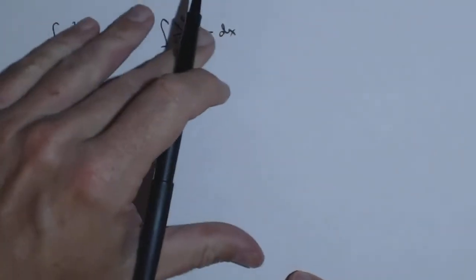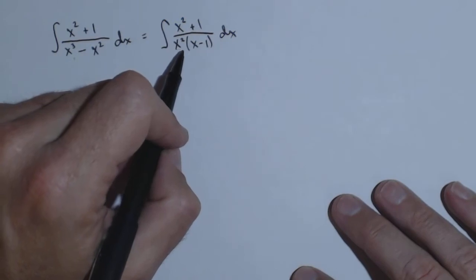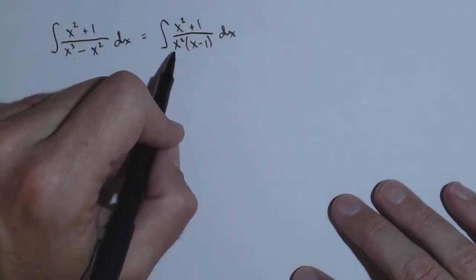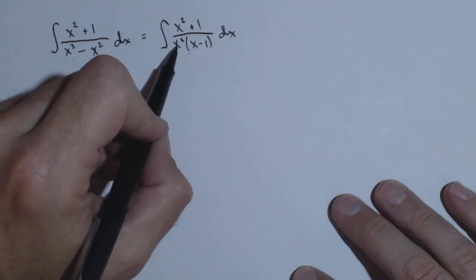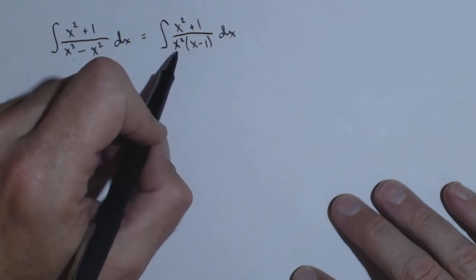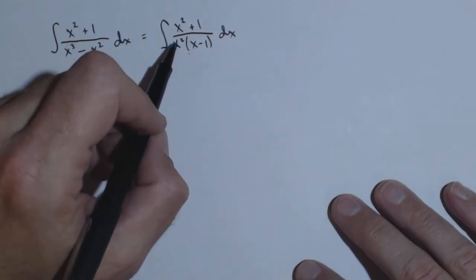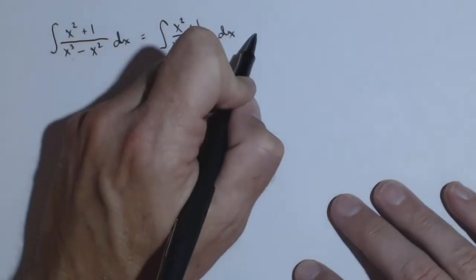So we want to rewrite this as the sum of two or more fractions. And there's a certain way we have to do this because we have what's called a repeated root. X is a factor that's repeated twice. So a linear factor that's repeated twice, we need to represent that.